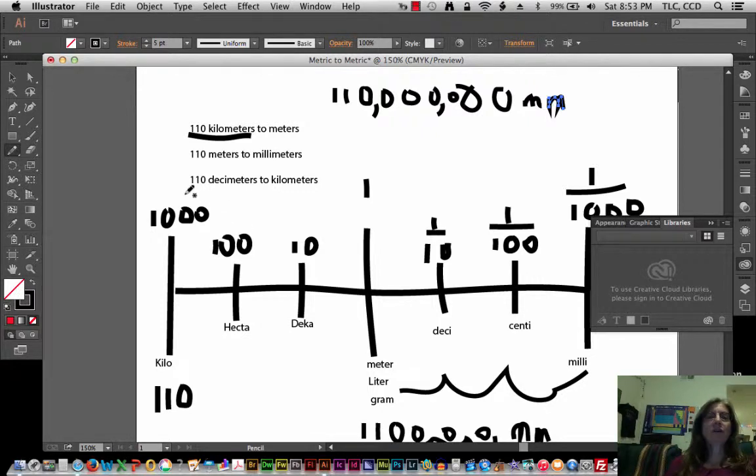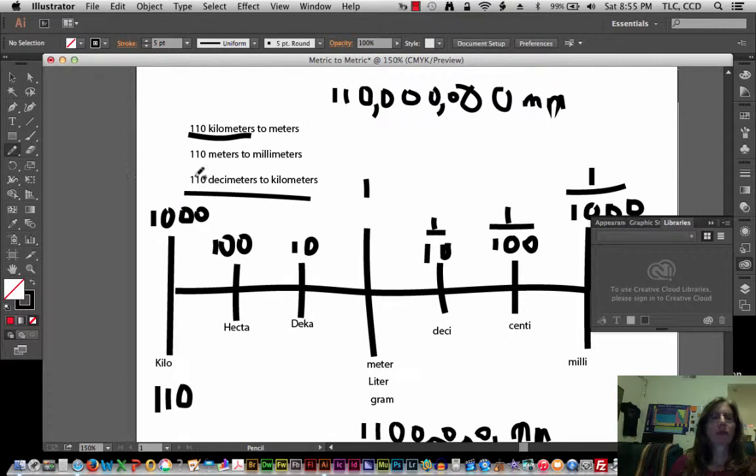All right, now let's look at this one right here, this last one. So we're going to look at 110 decimeters. That's right here under the deci. So if we've got 110 decimeters and we want to go to kilometers, then we count 1, 2, 3, 4. We're moving 4 places to the left.